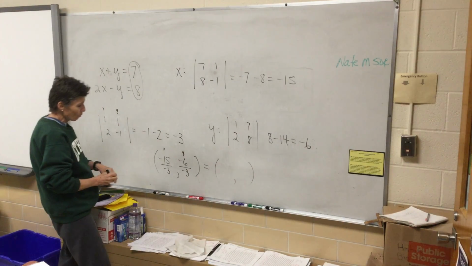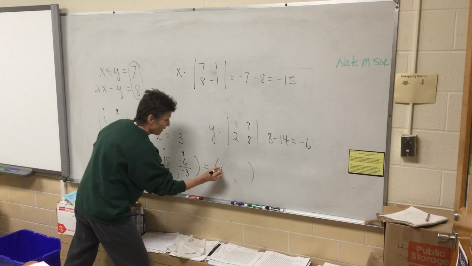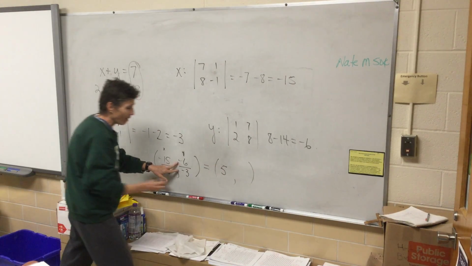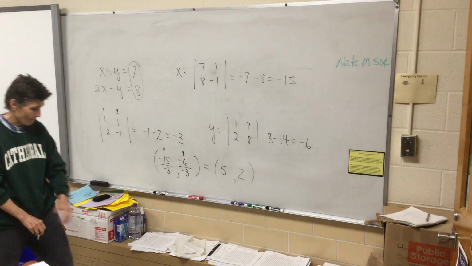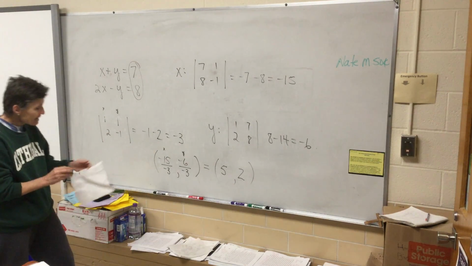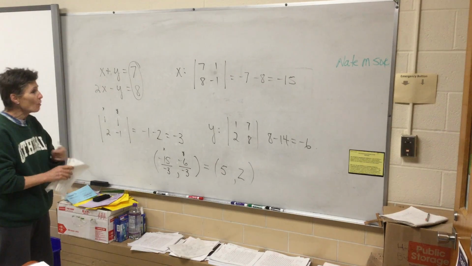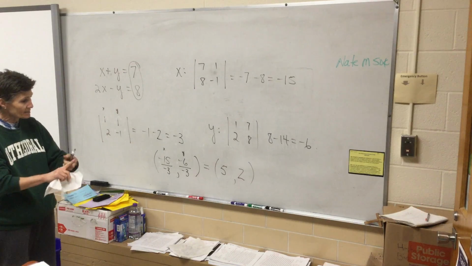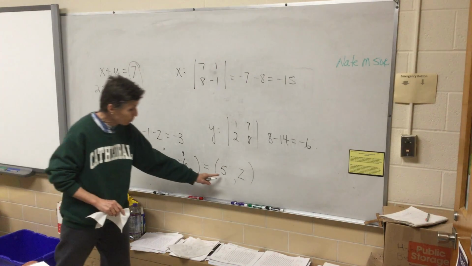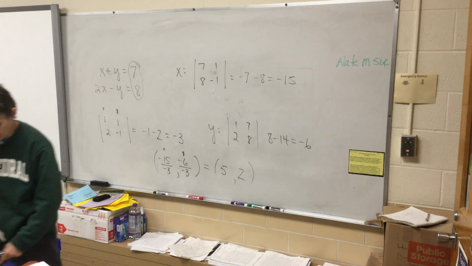It really is a nice one. X is just 5, and y is just 2. That is the answer that you would get no matter how you did the problem. That is where these two lines cross each other at the point 5, 2.